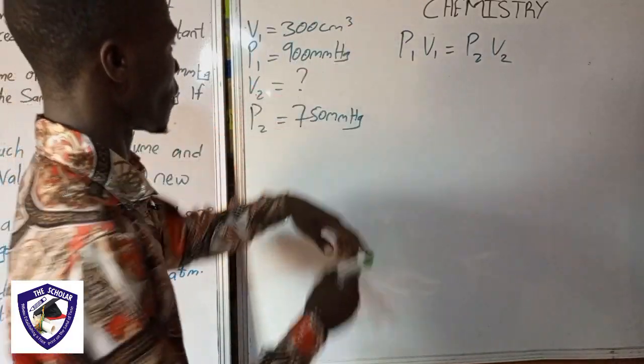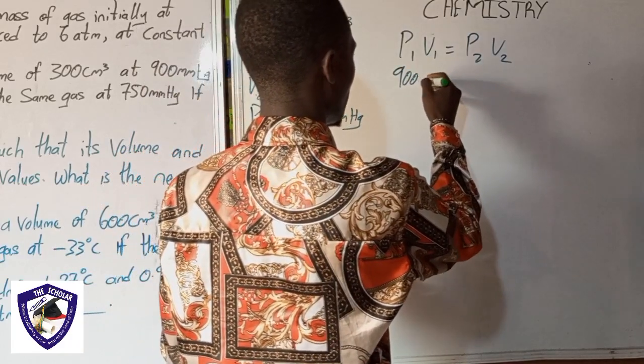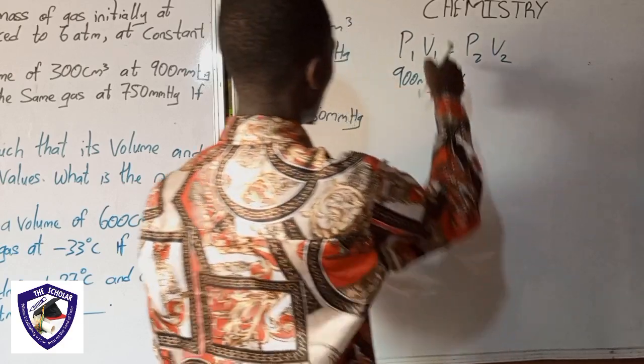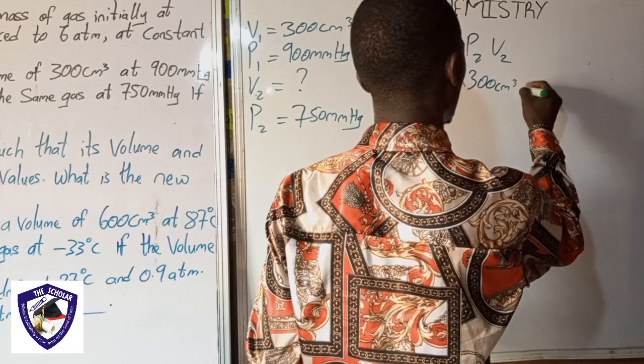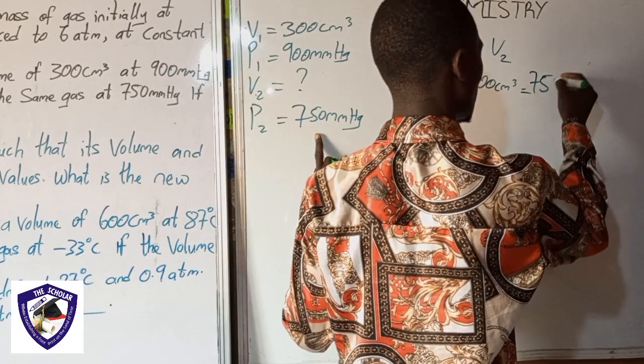Now, let's input our values. P1 is what? 900 mm mercury. You can decide to write your units as you solve. And V1 is what? 300 cm3. Our P2 is what? 750 mm mercury.